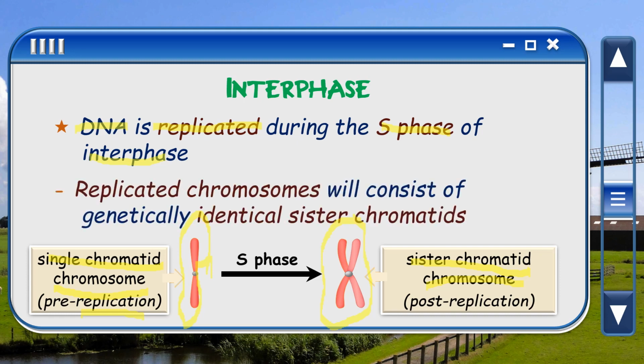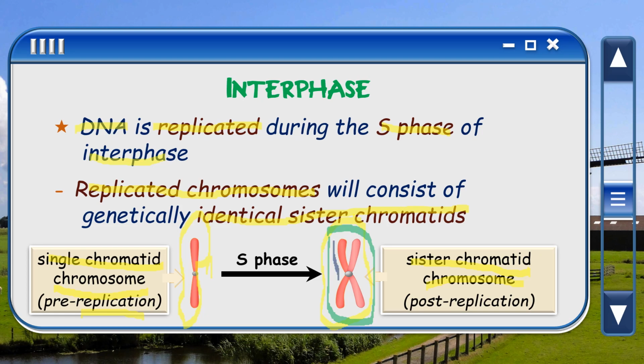The replicated chromosome will consist of genetically identical sister chromatids. This chromosome that we have formed here is a copy of the original. The original is this first chromatid that we had.